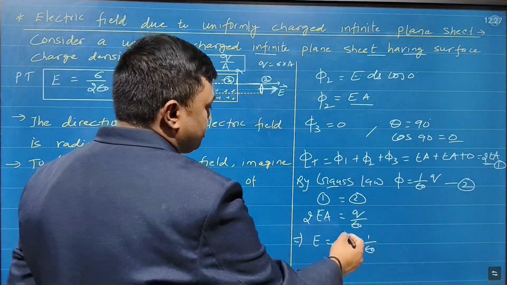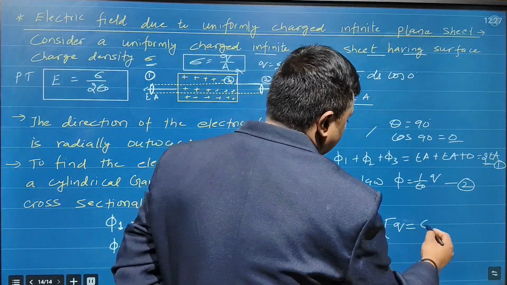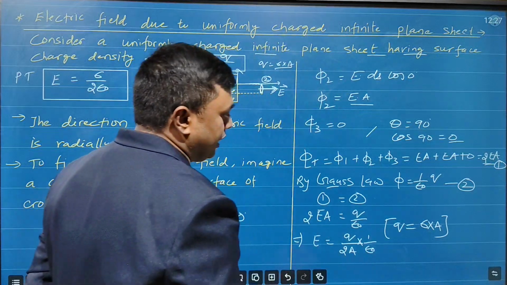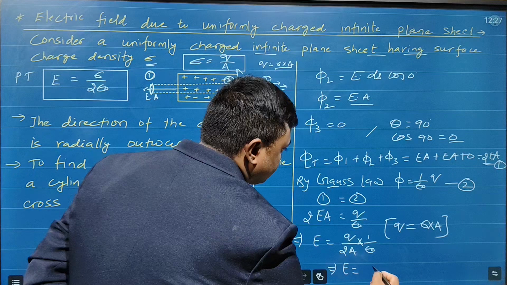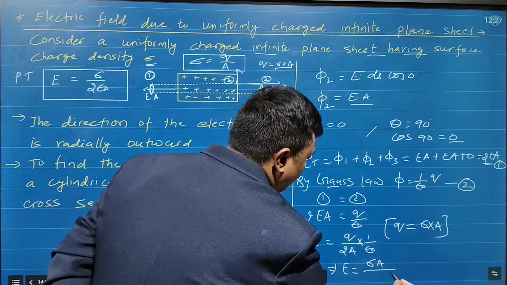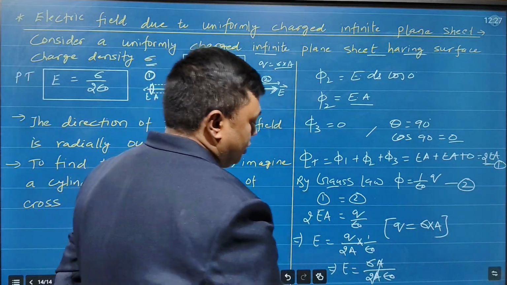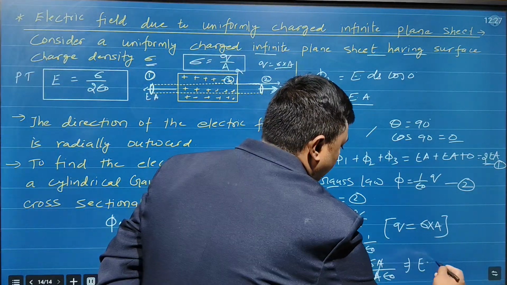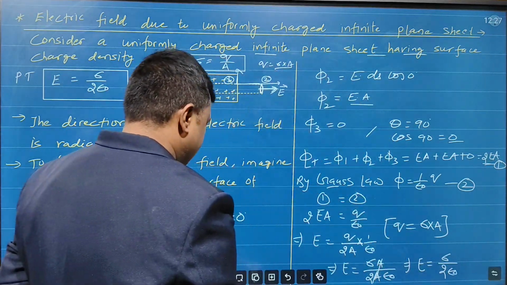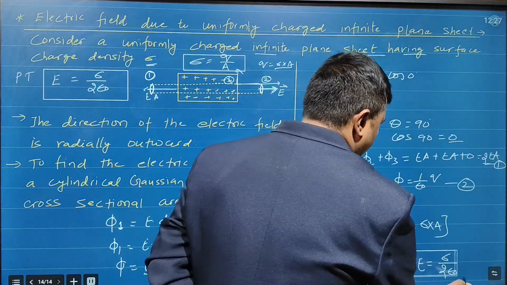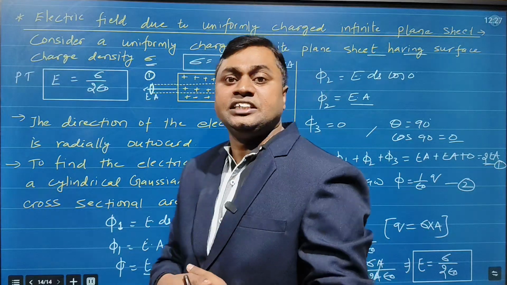Now substitute the value of Q, which is sigma into A, surface charge density into the cross-sectional area. So E is equal to sigma into A upon 2 times A into epsilon naught. Now A and A get cancelled. So we get the final expression of electric field: sigma by 2 epsilon naught. This is the expression of electric field due to an infinite plane sheet having charge density sigma.